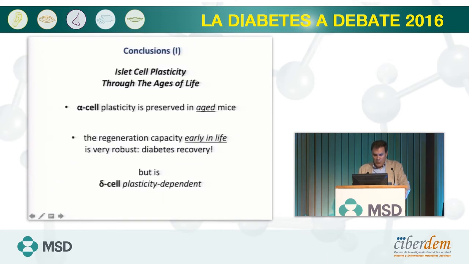To make it short, we see that this alpha cell plasticity is preserved also in very aged mice, which is very good news from a therapeutic perspective. Also, in early life, before puberty, prepubescent mice have a very robust capacity of regeneration that leads to recovery of diabetes. And in this situation, what we observe is that delta cells become insulin-producing cells.